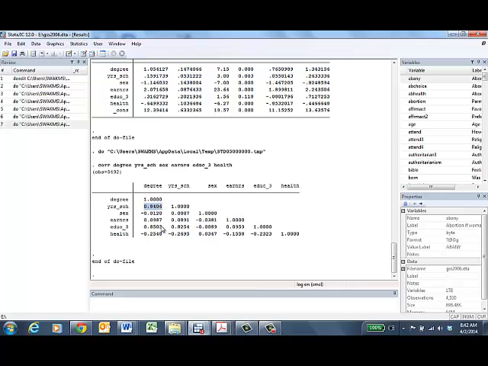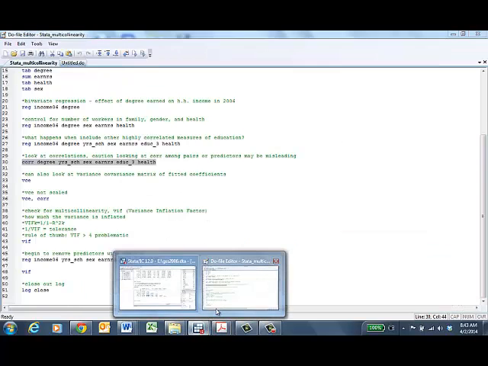It's quite high, as does education and degree earned. And our collapsed education variable is highly correlated with years of schooling as well. So we can see that these variables are highly correlated. So again, this supports that there may be some issues with multicollinearity in this model.